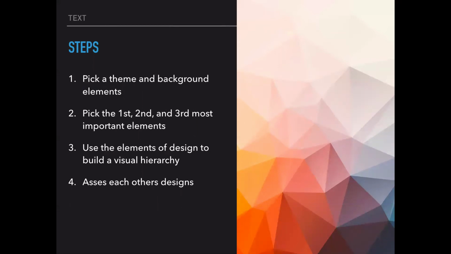We're then going to pick the first, second, and third elements of the HTML and decide where we want to put those. And then we're going to use the elements of design to build a visual hierarchy. Finally, if you do this assignment, I'd love for you guys to get back together and assess each other's design.